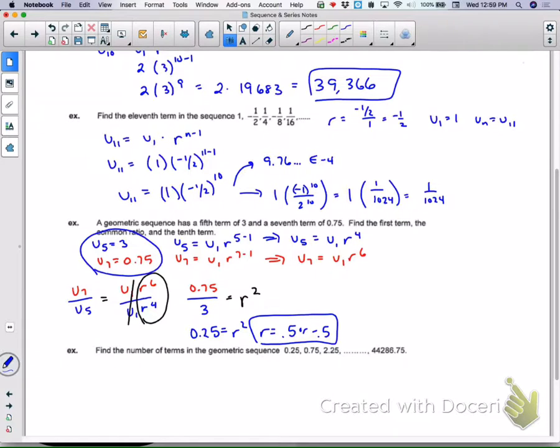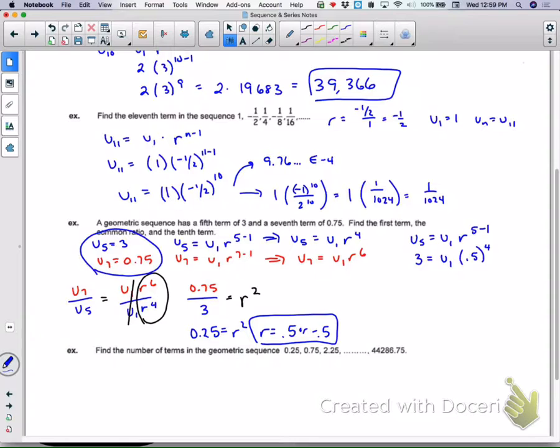Now let's go back and find our first term. So use one of your equations that you've written there in that first step. I'm going to use the one that I wrote for the 5th term. So u sub 5 is equal to the first term, r to the 5 minus 1 power. The 5th term was 3. I don't know the first term, but let's say that r is 0.5.